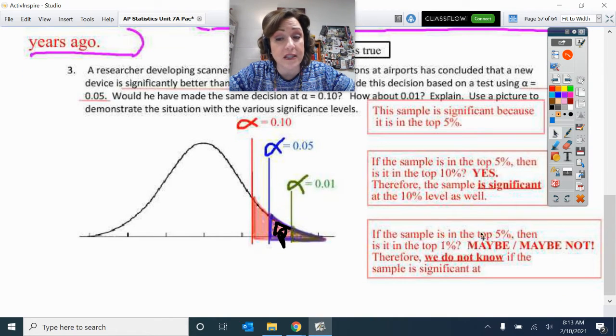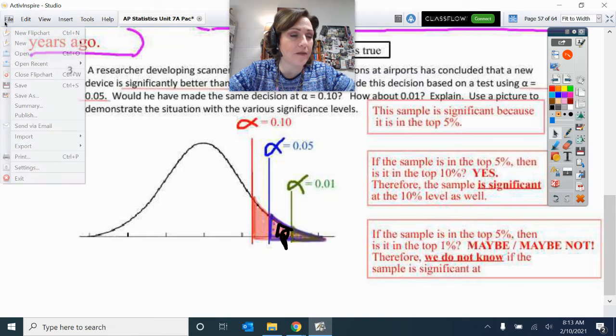So if the sample is in the top 5%, is it in the top 1%? Maybe, maybe not. Not necessarily. Therefore, we do not know if the sample is significant at the 1% level. Okay, so that's what's going on with that.